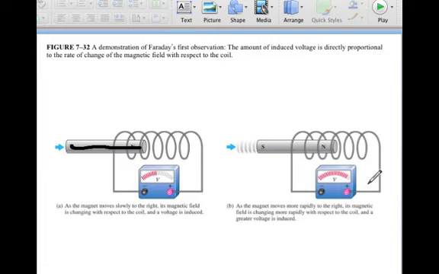When the magnet interacts with the magnetic field of the coil, it produces a voltage. As you can see, it is moving slowly in this diagram, so there's a little bit of voltage produced on that voltmeter, and on this side it is moved rapidly, which creates even more voltage.